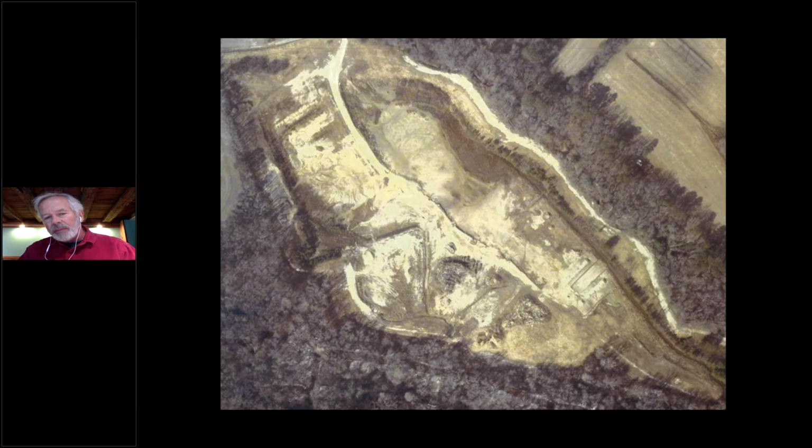So the Federal Highway Administration has made this grant program available, and this was about a $2 million grant from the Federal Highway Administration to the State Highway Administration, and that's the origin of this particular project.